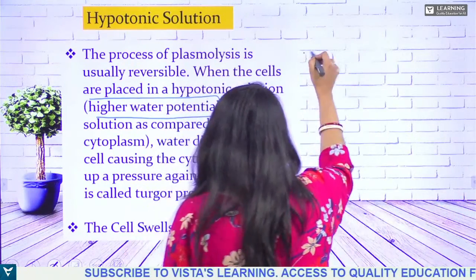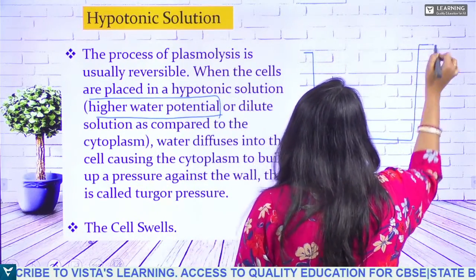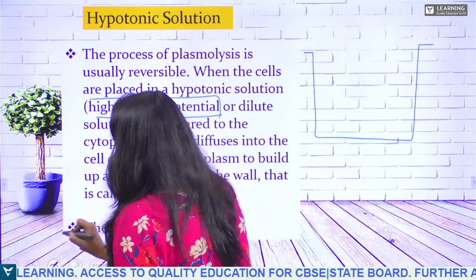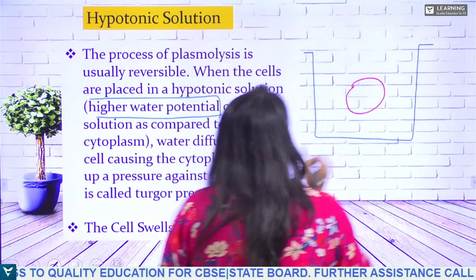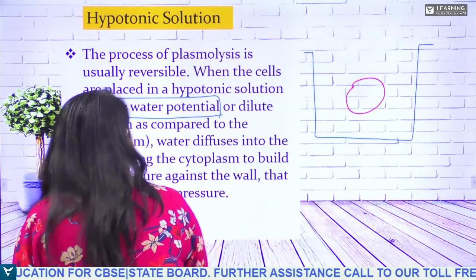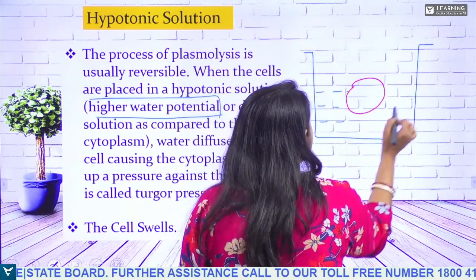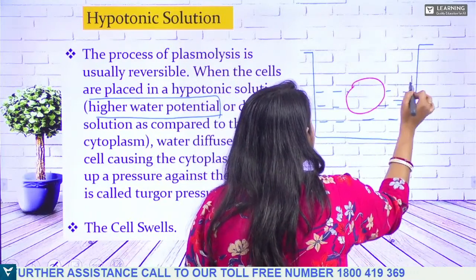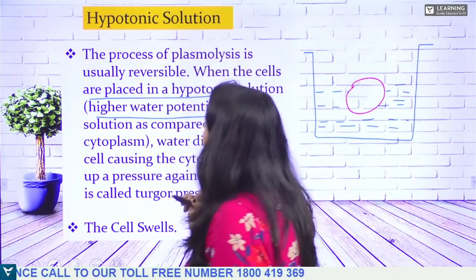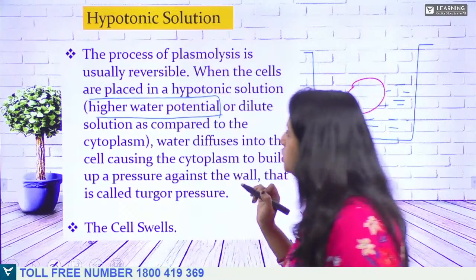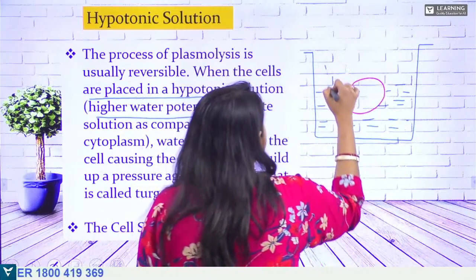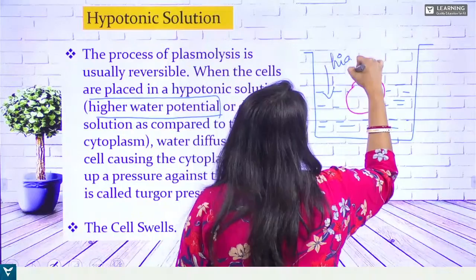So see here what happens. This is a cell, and it is placed in a solution where the outer environment has higher water potential. That means it is of higher concentration.